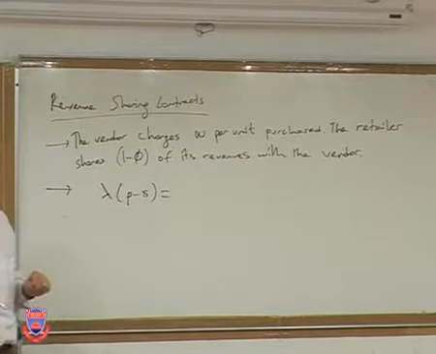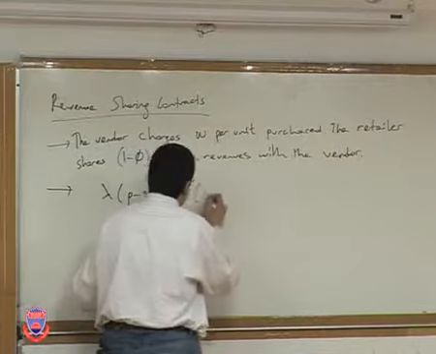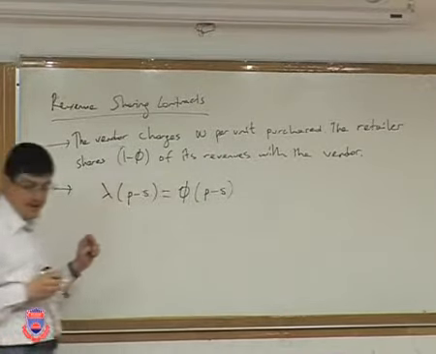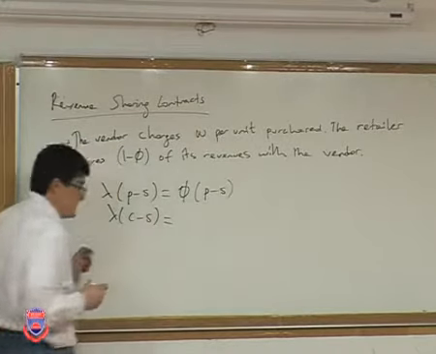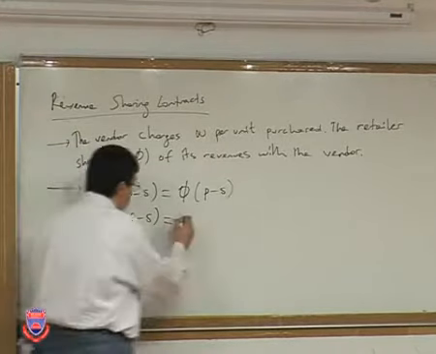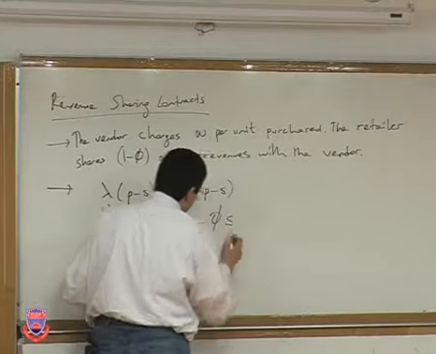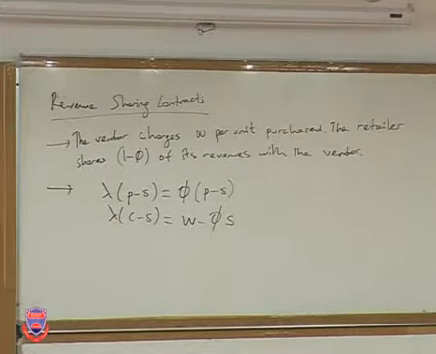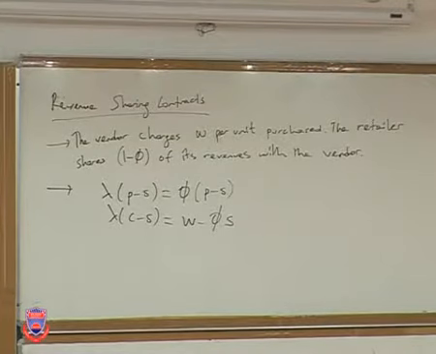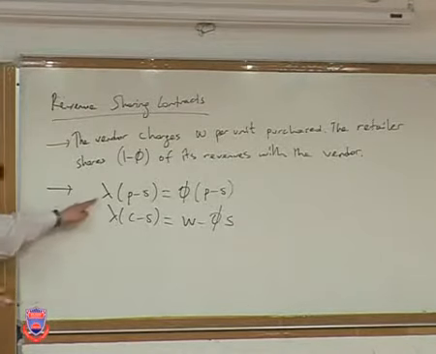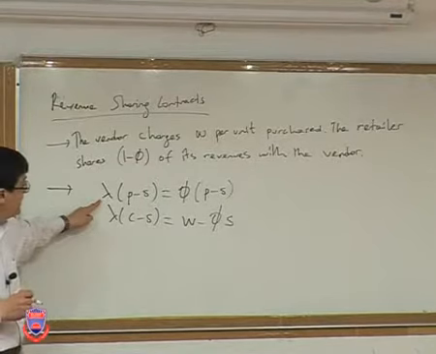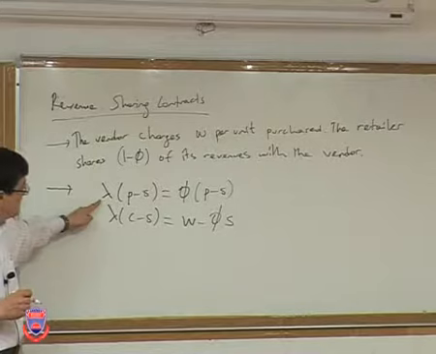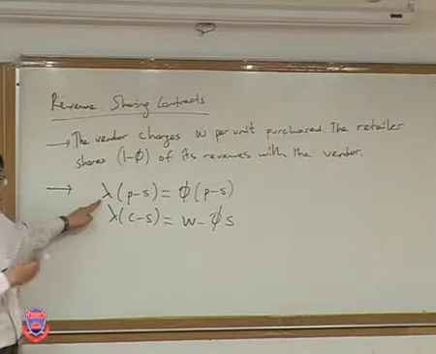Lambda times P minus S is simply phi times P minus S, and lambda times C minus S is equal to W minus phi times S. So we require the solution of this system, and again, lambda percent of the channel profits go to the buyer, and 1 minus lambda percent of the total channel profit goes to the manufacturer.